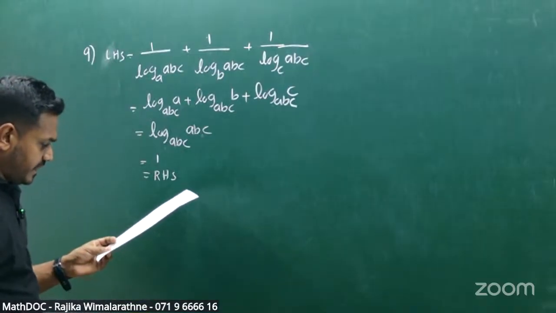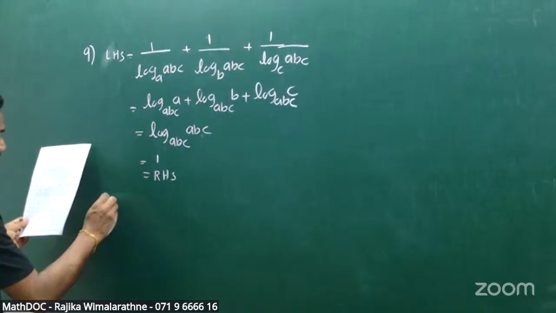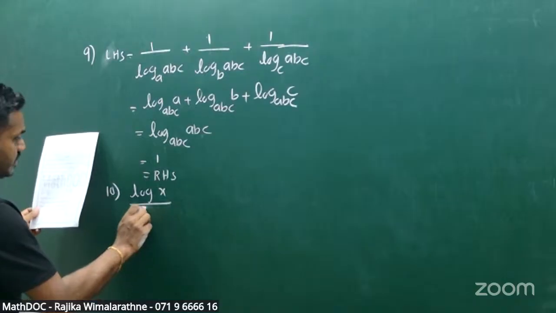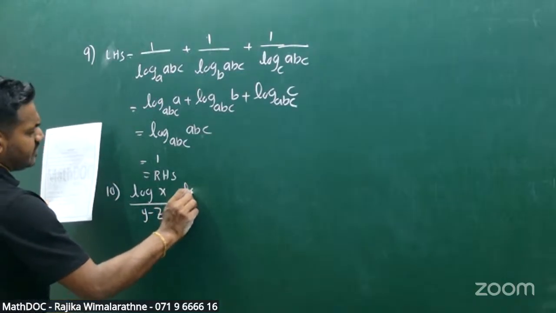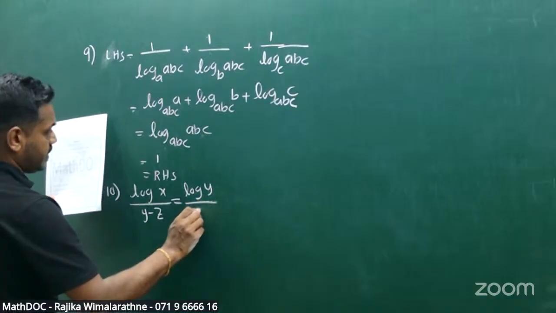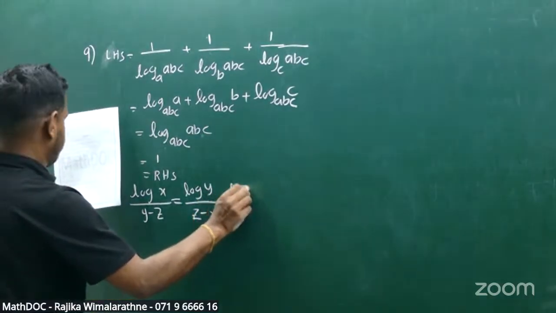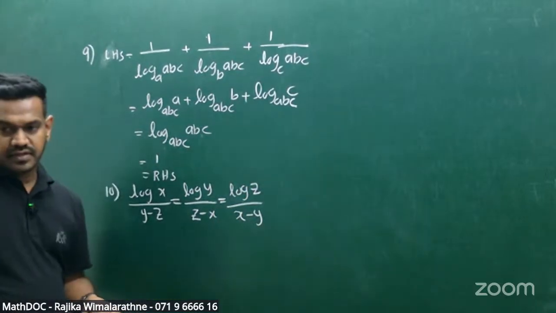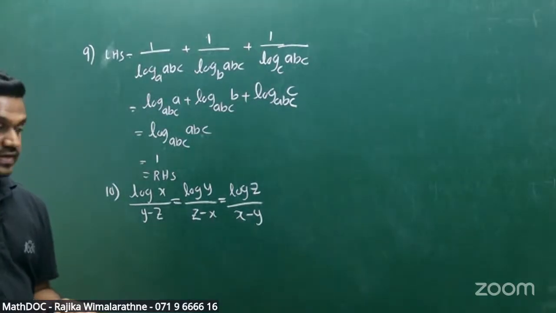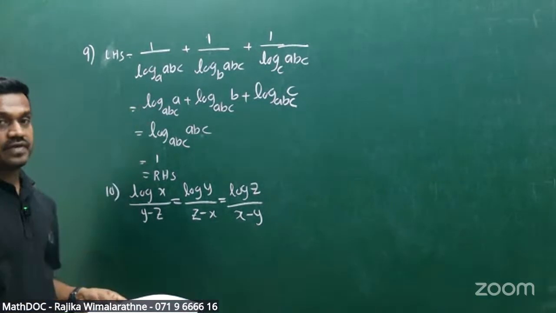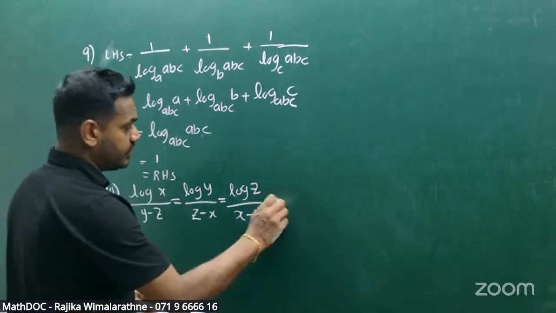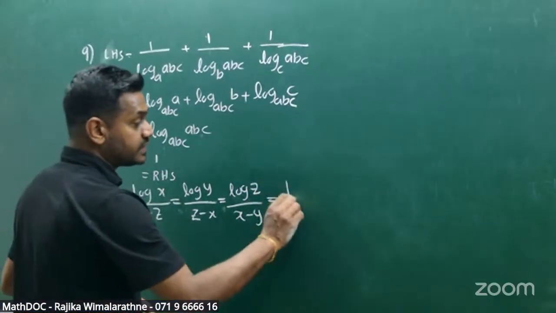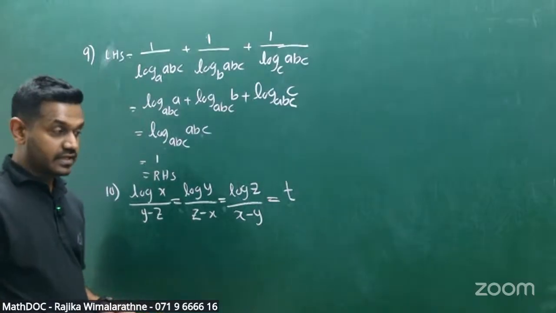Then let's move to question number 10. Here log x over y minus z equals log y over z minus x equals log z over x minus y. We have done the same question before when we were doing logarithms. When we have two equal signs, it is better to put another equal sign with t.